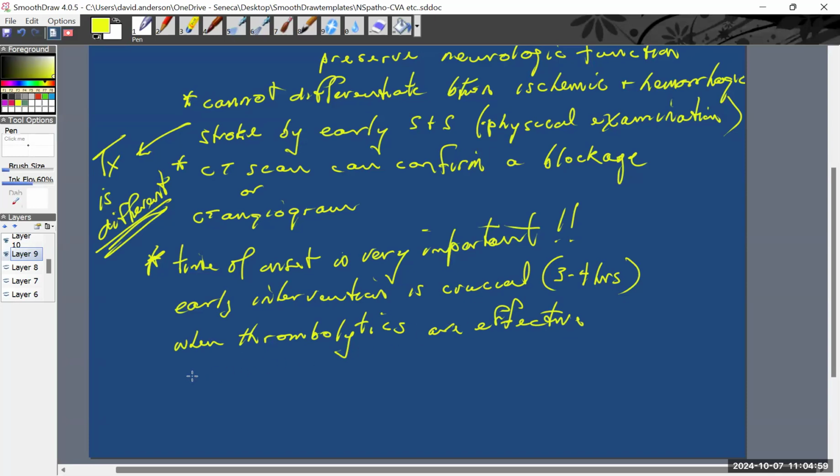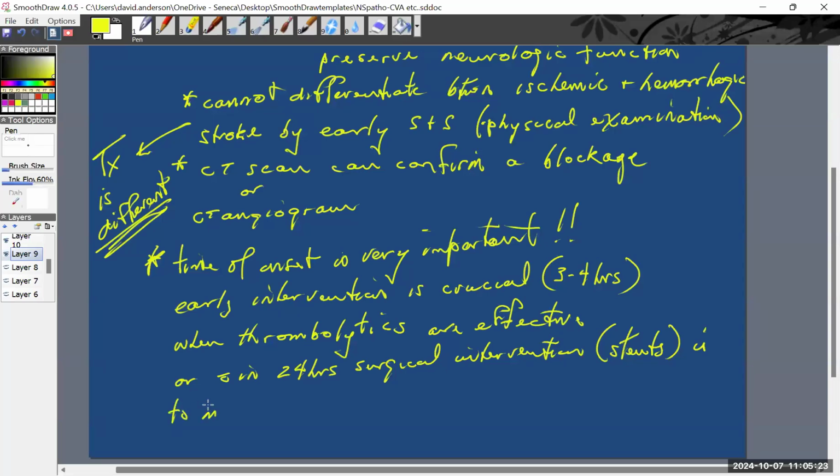So the whole goal of the thrombolytics, or the intervention within 24 hours, is to try to minimize that ischemia that causes hypoxia in the cells.